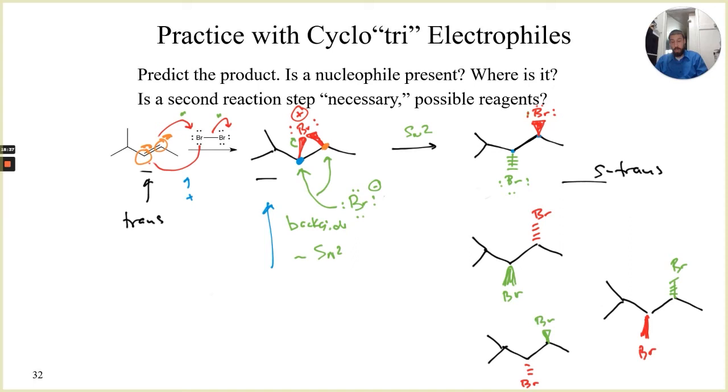I can't tell a difference between the bromines, which means I really only get two products. Okay? And those two products are enantiomers of each other. If I labeled one bromine, now it becomes problematic. But really those two extra products are really just repeats of the two above. Nothing's new or unique about those.